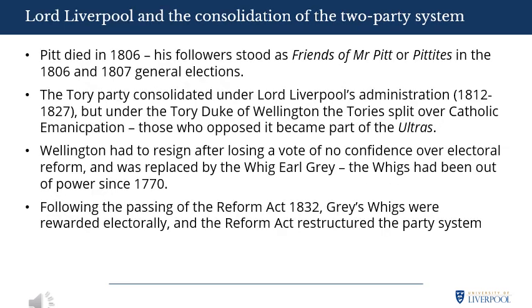So, when Pitt died in 1806, his followers went into opposition as Pittites, or Friends of Mr. Pitt, and increasingly behaved like a party, adopting a degree of organisational unity before assuming office in 1807. Duncan notes, from Duncan 2015, page 9, that on the right of politics there were various factions around prominent figures, but these had all but disappeared by the time of Lord Liverpool's administration, which was 1812 to 1827.